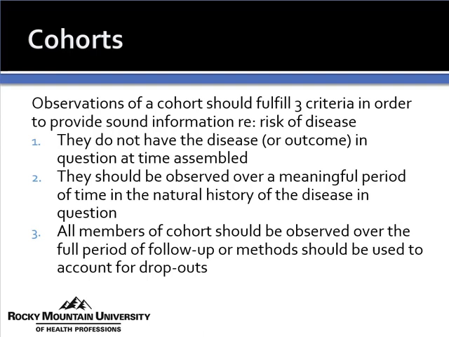When they're assembled for a retrospective cohort, they were initially assembled in the past. Of course, you're looking at them in the present, but when they were first available for initiating surveillance, they were disease-free or injury-free.